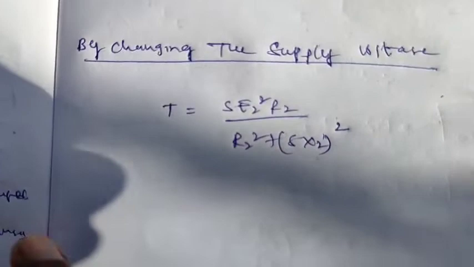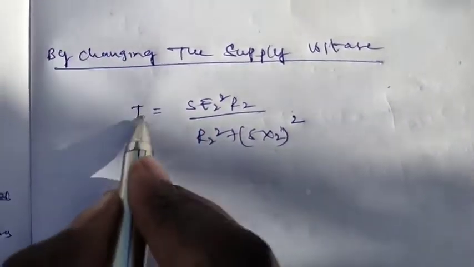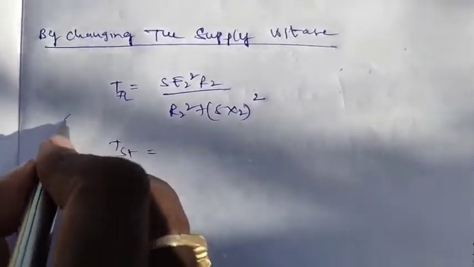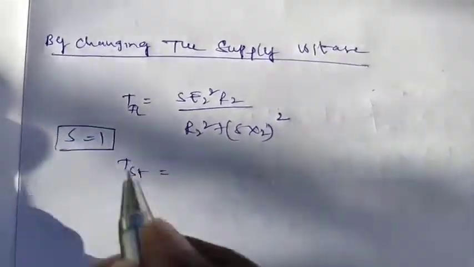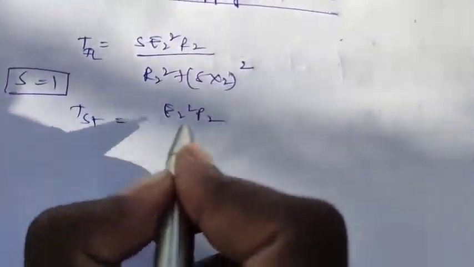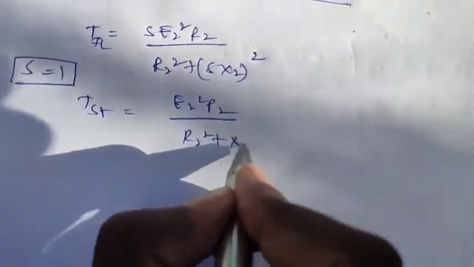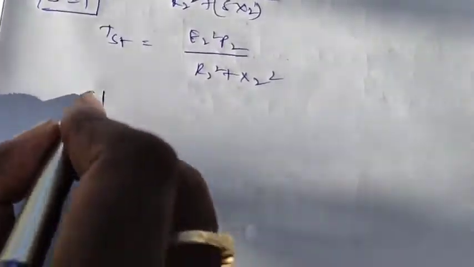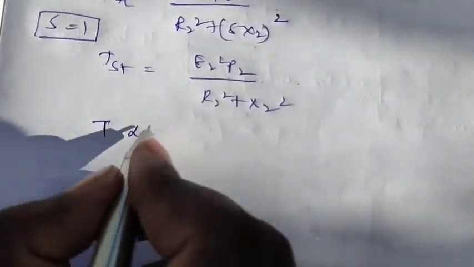This is the full load torque. What is the starting torque? The slip is 1, so substituting, T equals E2 square R2 divided by R2 square plus X2 square. So the torque is directly proportional to slip times V square.